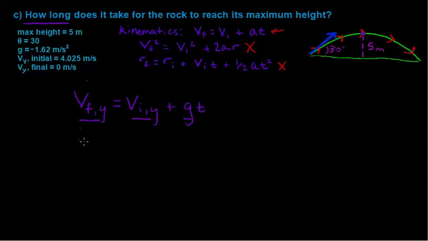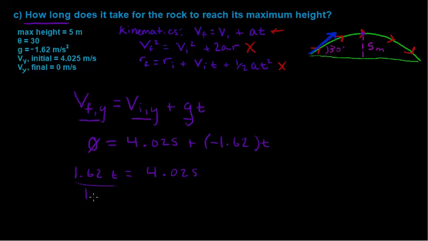So now we just need to plug these in, and we have that 0 is equal to 4.025 plus negative 1.62 times time. And then once again, just basic algebra, bringing over, we can add 1.62 times time on both sides just to make it positive, equal to 4.025.